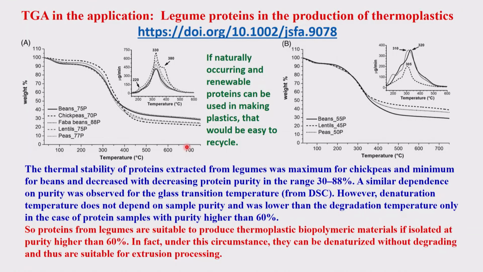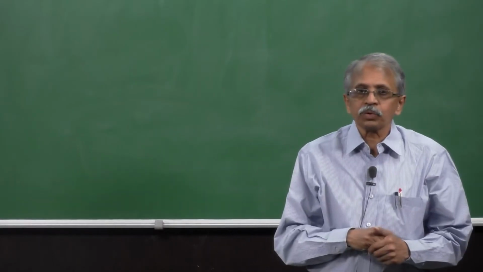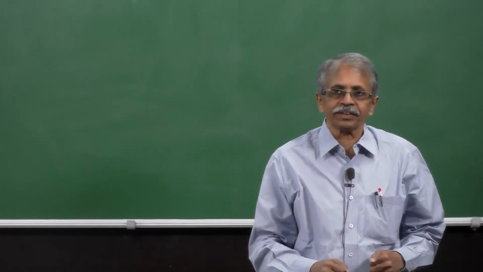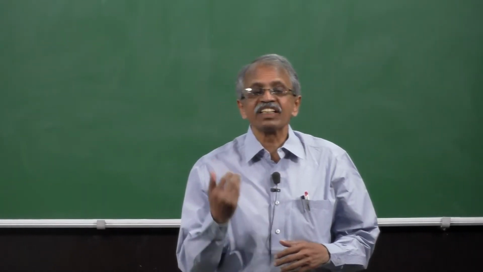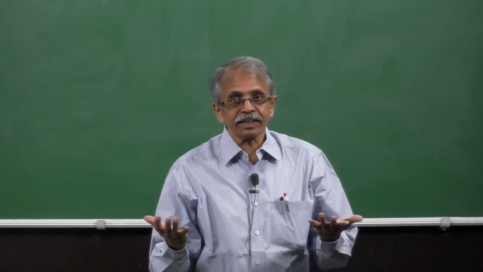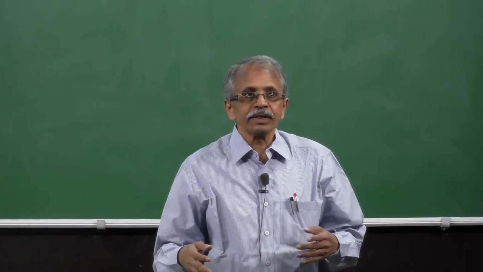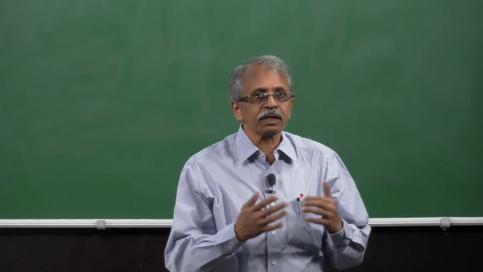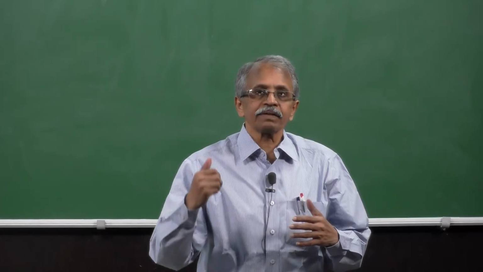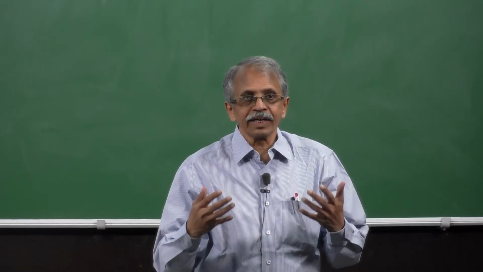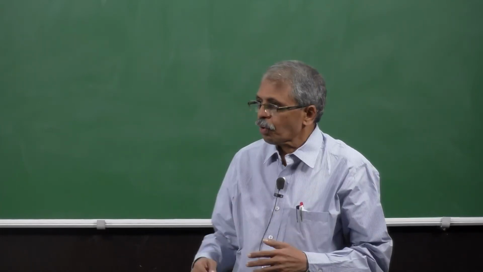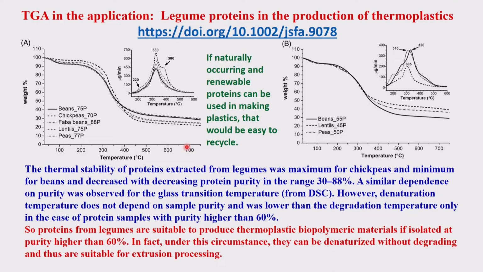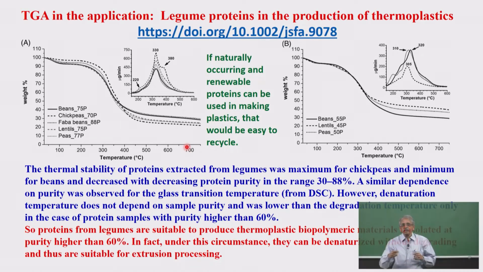There are some thermoplastics that are of course of great use, but if you can make some thermoplastics which you can easily degrade, there is nothing equivalent to that, because nowadays most of the environmental problems are coming from plastic waste. That is not getting degraded, so that is where the problem is coming. It comes back into our environment in terms of air, in terms of land, in terms of water, in terms of food.